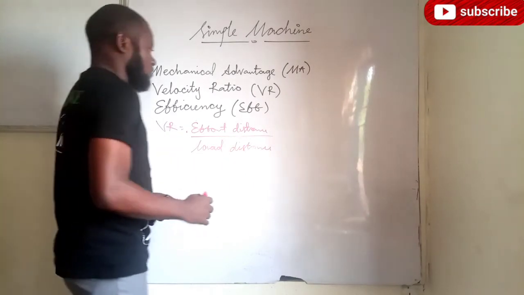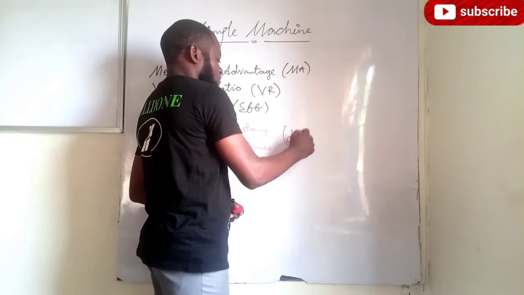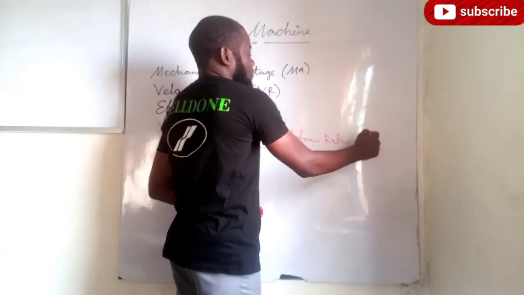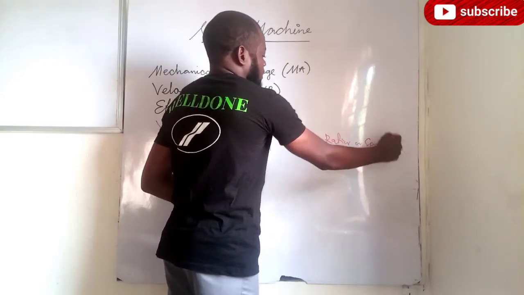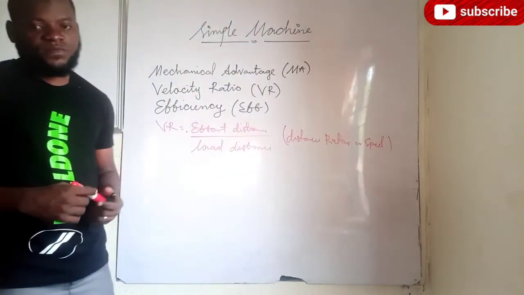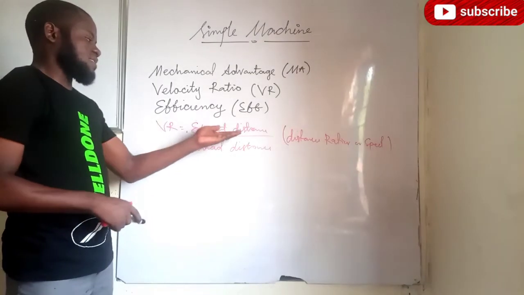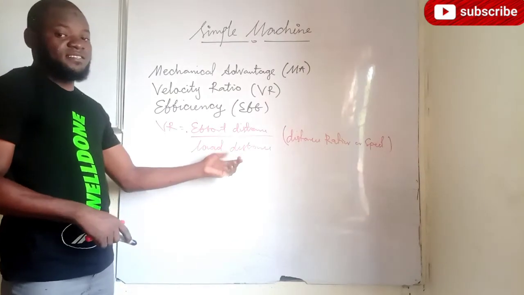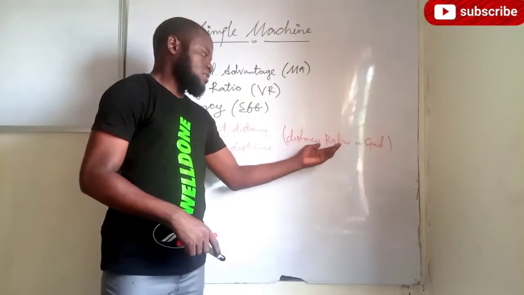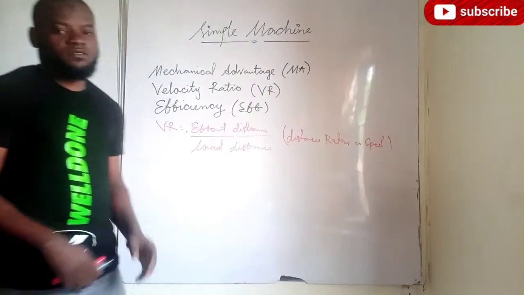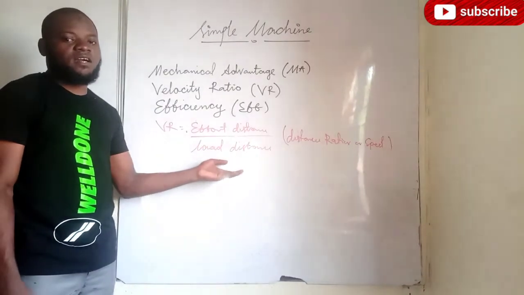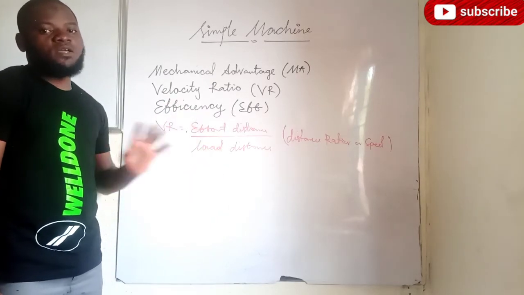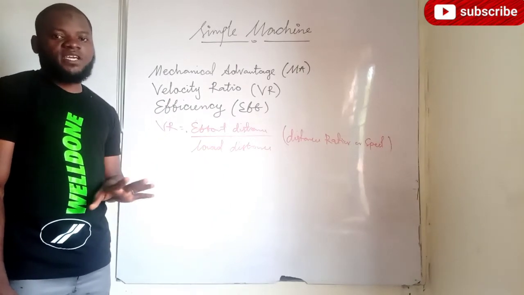This is called the distance ratio, or you can call it the speed ratio, whichever one. It's also a scalar quantity, that is, it only has a magnitude but no direction.